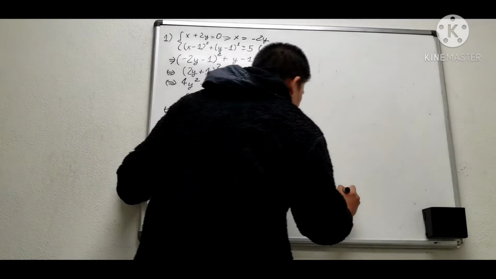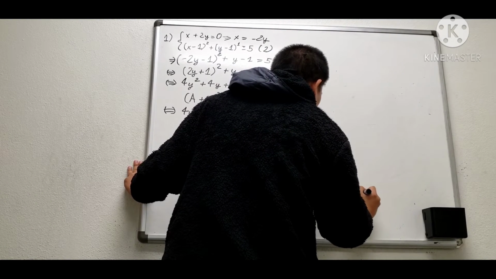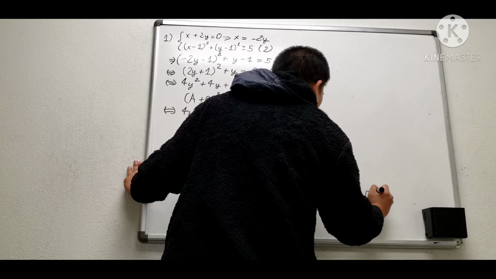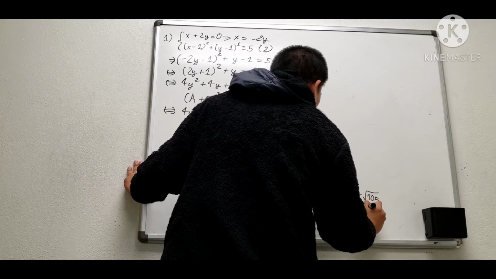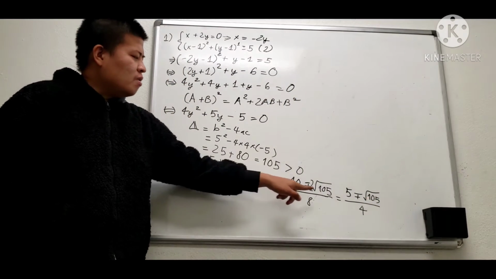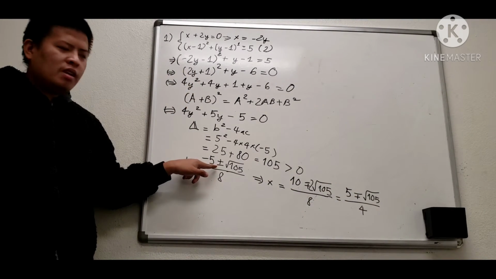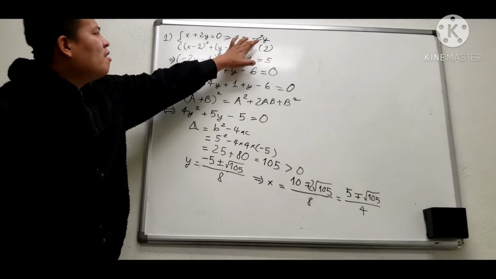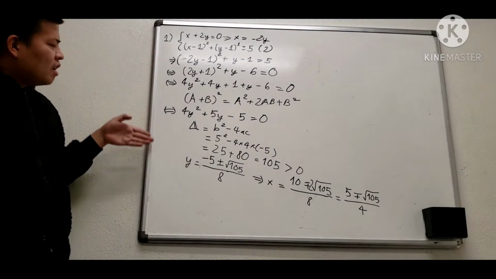You get 5 plus or minus the square root of 105, divided by 4, because we divide both sides by number 2. The signs are opposite, positive with negative, because we have the minus in number 2. So this is the answer number 1 for you.